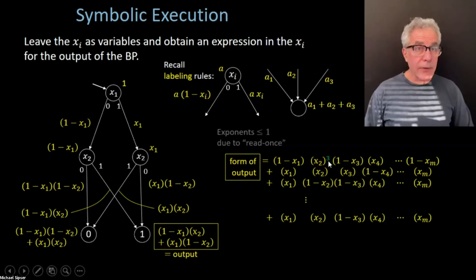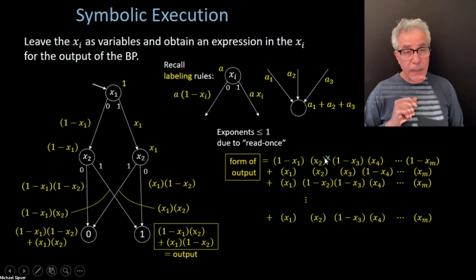So this can't happen. Okay, so I crossed that out. I don't know, this sort of appeared off to the side here, but yeah, I'm crossing that out. That does not happen.